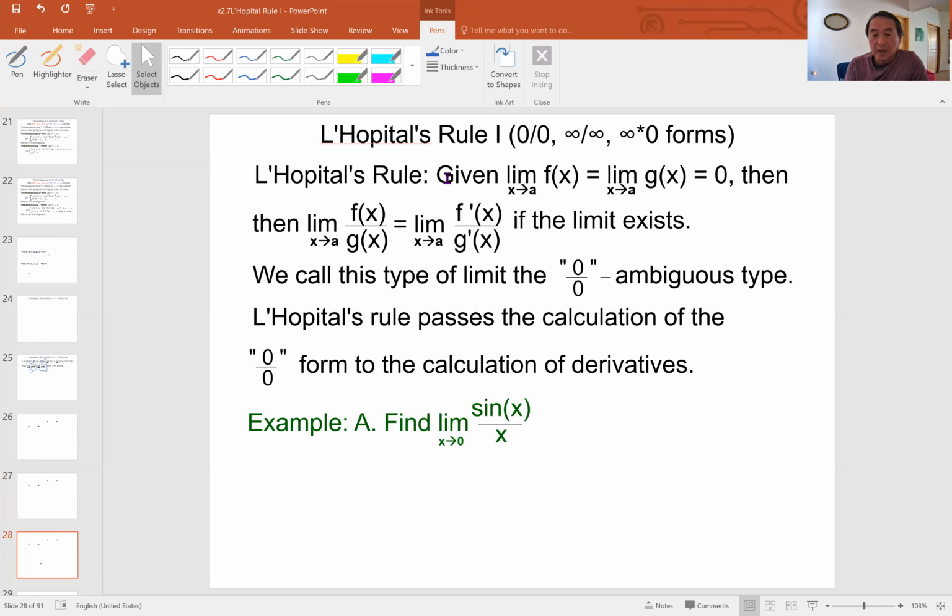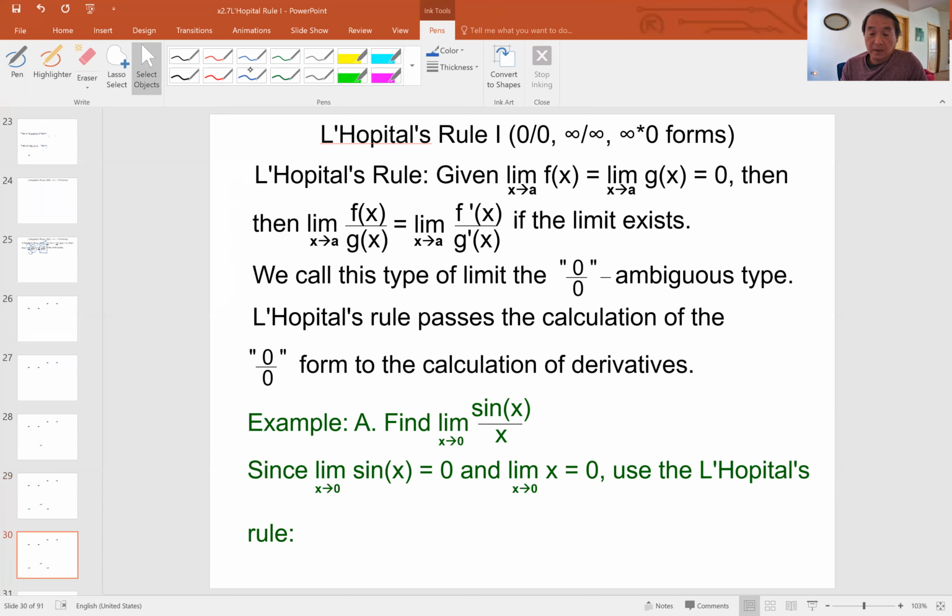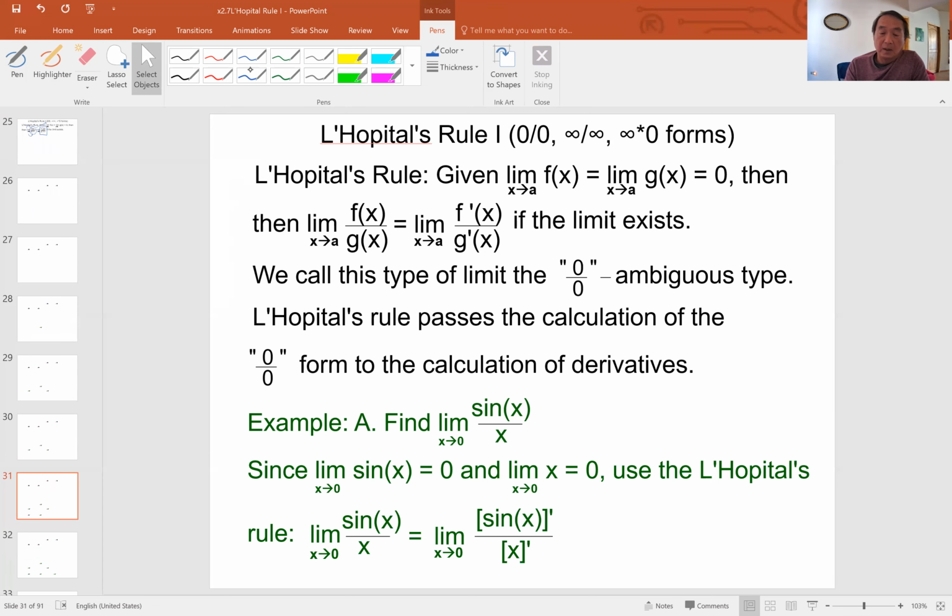Like this, for instance. L'Hopital's rule says, first check that it is ambiguous. Plugging in 0, I get 0 over 0. We had a geometric proof of why this is true, but here I'm using L'Hopital's rule because I put it in and I get 0 over 0. So I apply the derivative to the top and find the slope for the top at 0, and the slope for the bottom at 0.